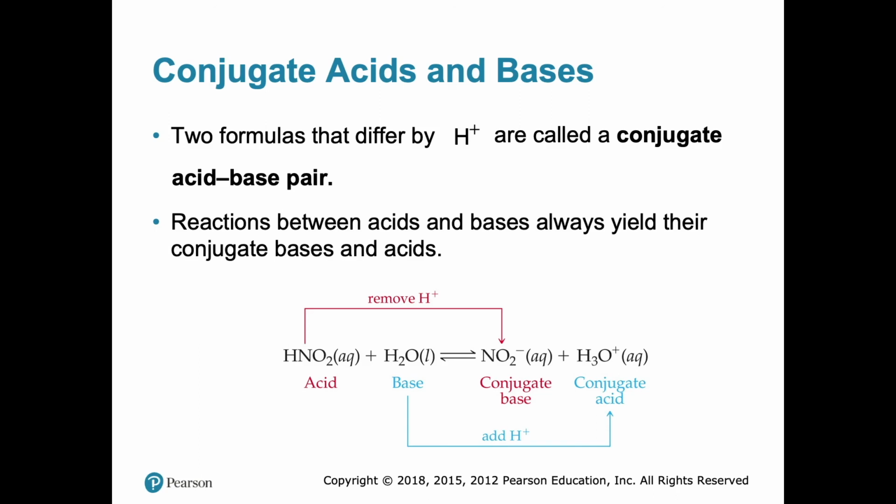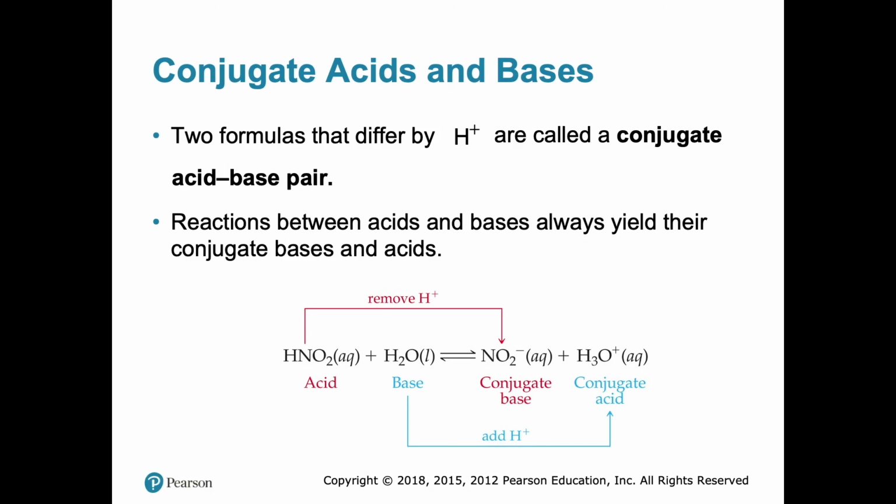Remember, this itself is the acid, and it's being dissolved in water. But the acidic effects don't happen until you get the hydronium ion. So when you dissolve nitrous acid in water, we remove the H, and we get the nitrite ion, known as the conjugate base.